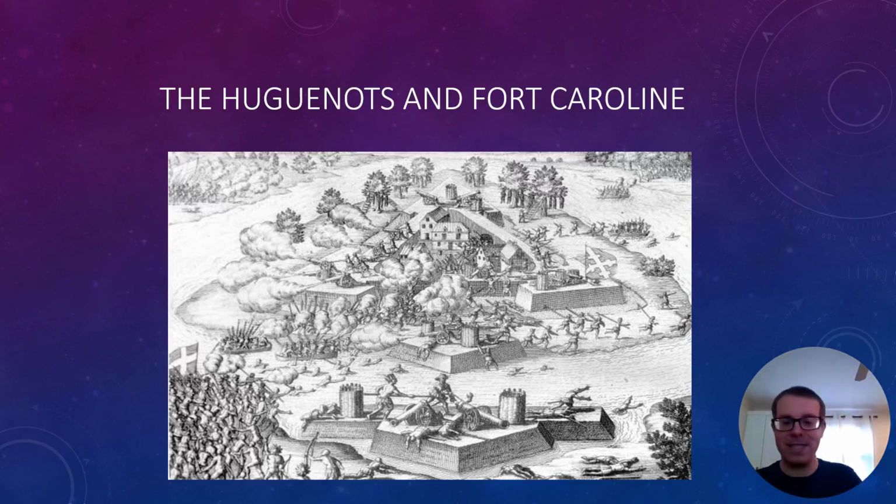They vehemently disagree with the Protestant Reformation, and so they view these French Huguenots as heretics, and they want to wipe them out. And sure enough, the Spanish are able, using intelligence gathered by Saturia, to find this French settlement and destroy it. They destroy Fort Caroline and kill all of the Huguenots who live there, effectively wiping out one of France's first colonies in North America.